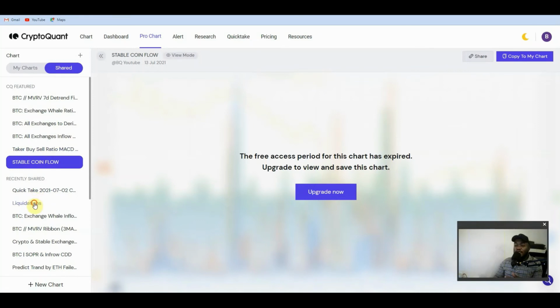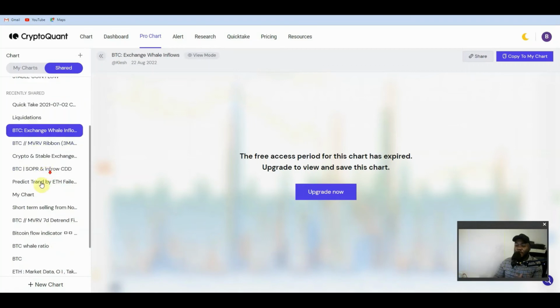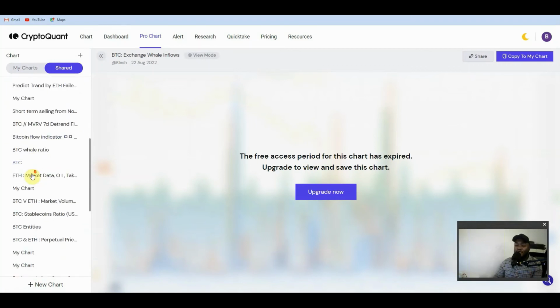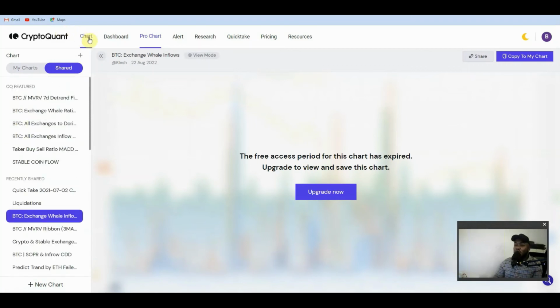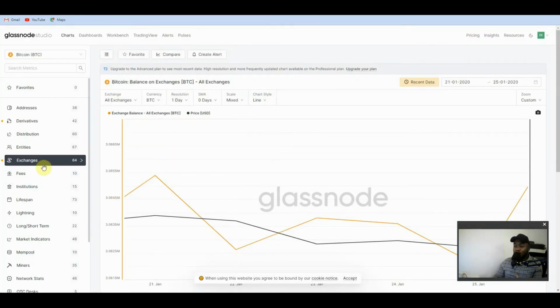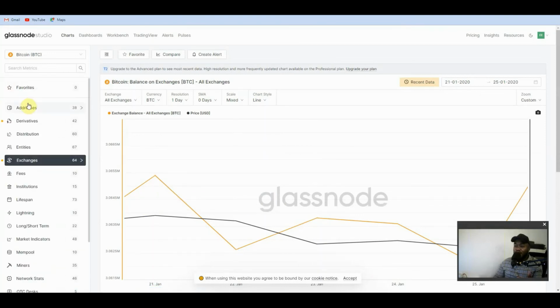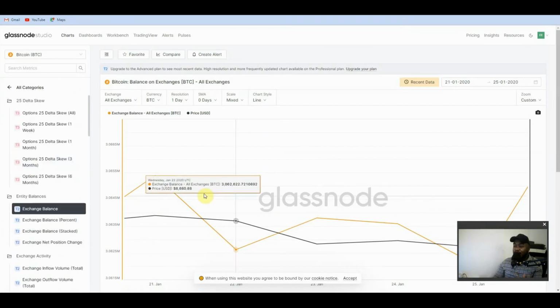You can check liquidations, the last liquidations, BTC exchange wallet inflows, all these charts, using CryptoQuant, or you can use Glassnode. You can also use Glassnode to check derivative movements and exchange inflows.